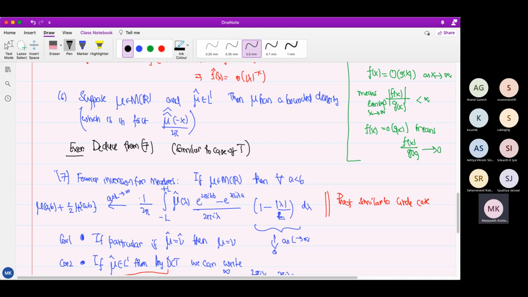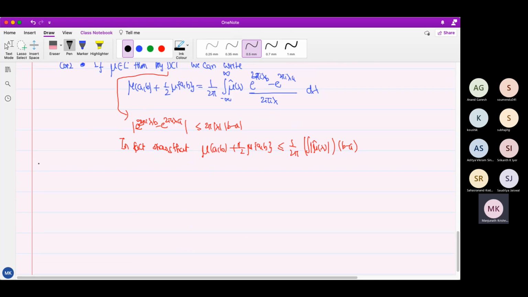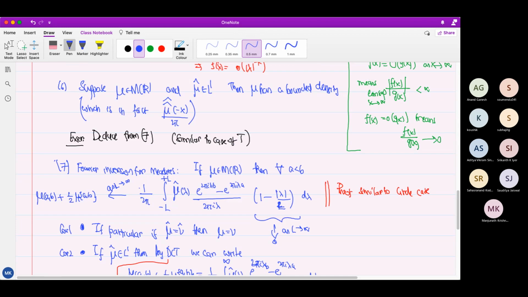Okay, if not, so 0.6 is actually going in the direction of decay of mu hat giving smoothness of mu.